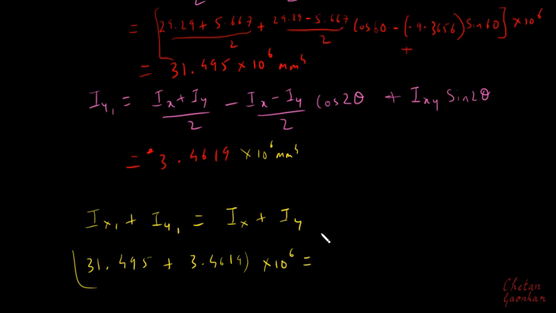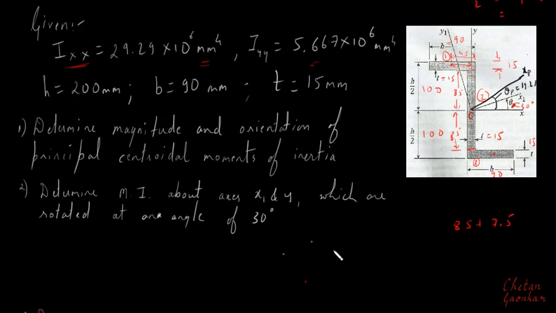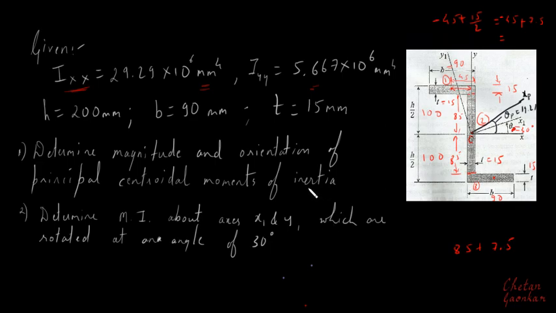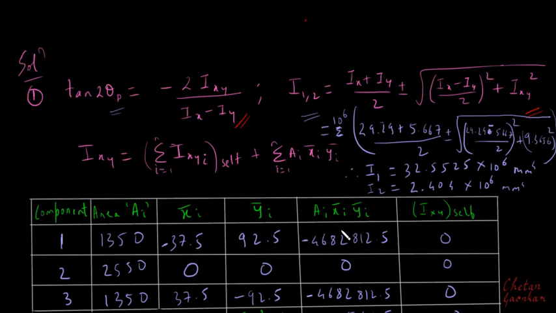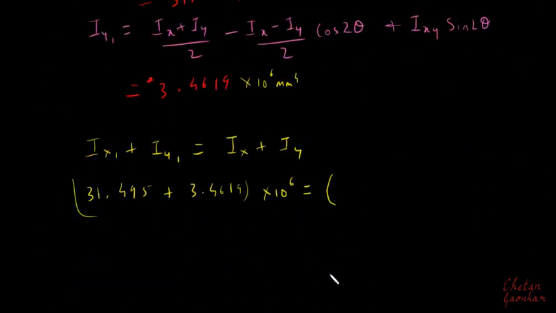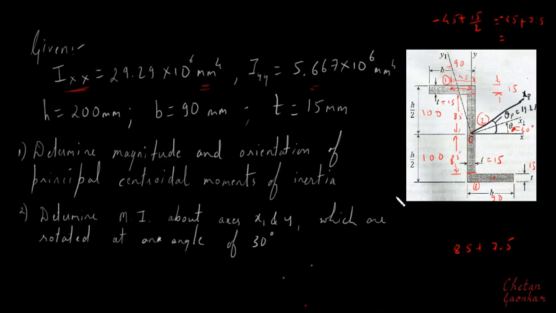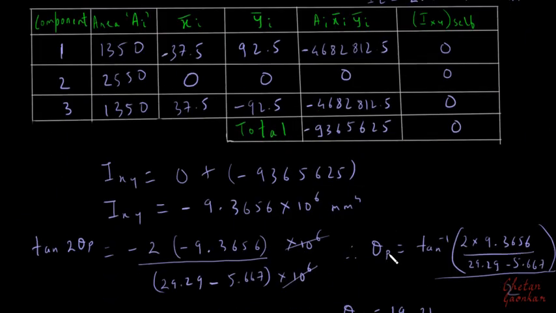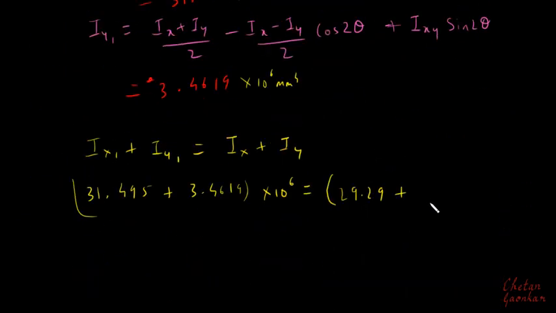This should be equal to Ix plus Iy, which is 29.29 plus 5.667, multiplied by 10 to the power 6.